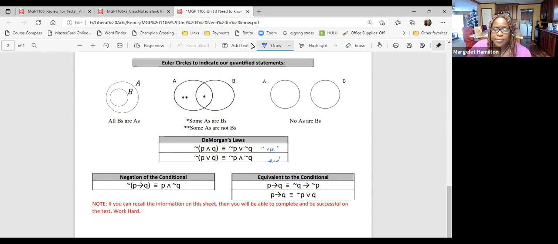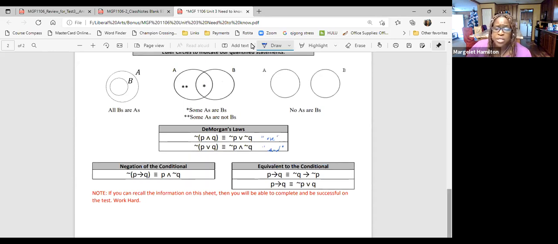Is everybody all right? Yes. All right. Just refreshing our minds now, because when we get to going through our sheet, we're going to roll through it. All right, here's that negation of the conditional statement. That conditional statement is a big thing, y'all. You see, you got your variations of the conditional.